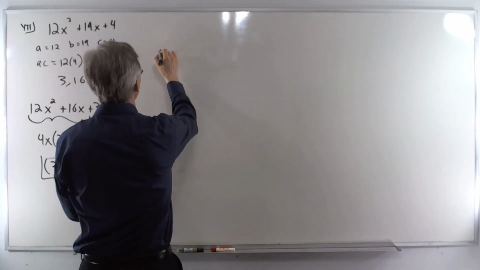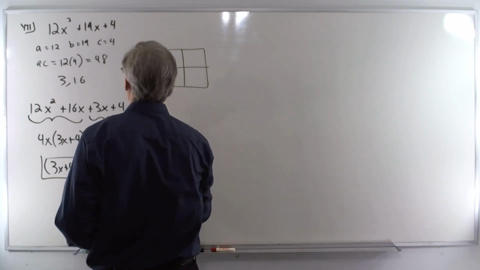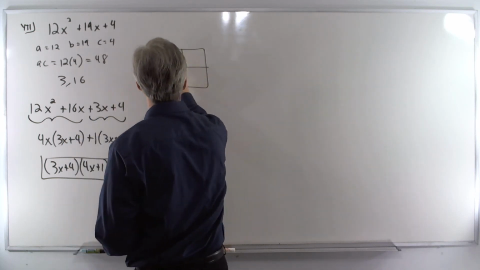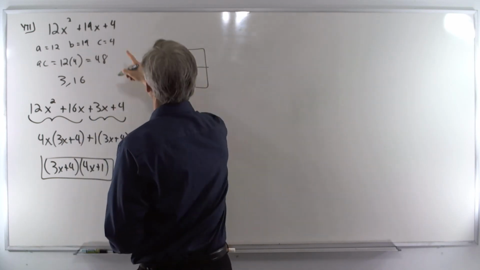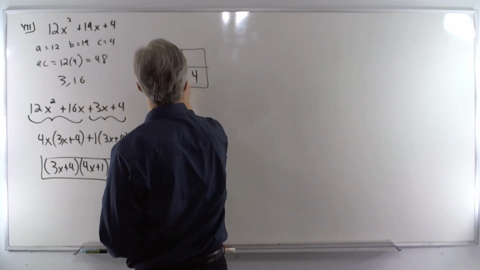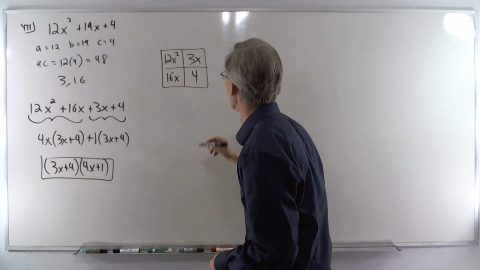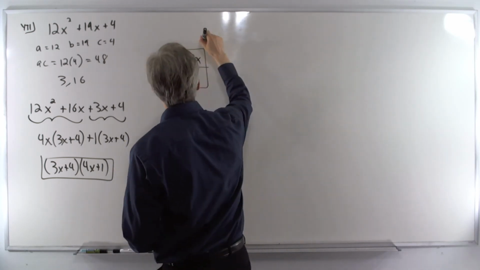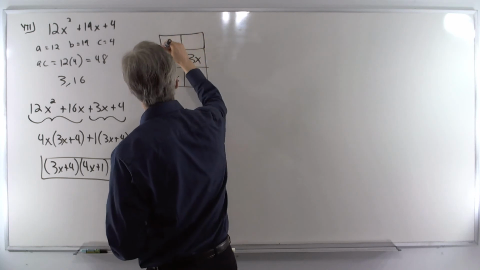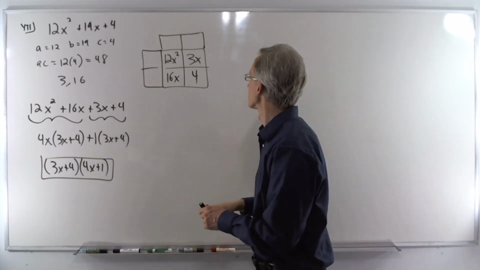Now the box method. We put the 12x squared up here. We got the constant on the right, and then our two terms here. We got 16x and 3x. All right, now we can find the greatest common factor in 4 directions.